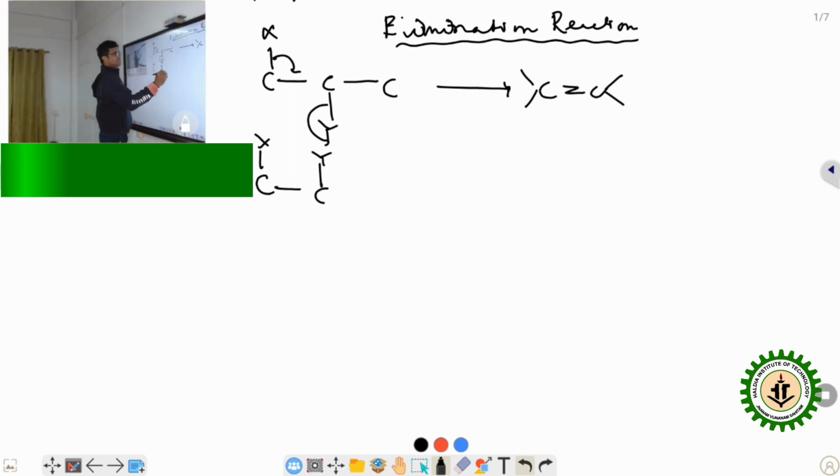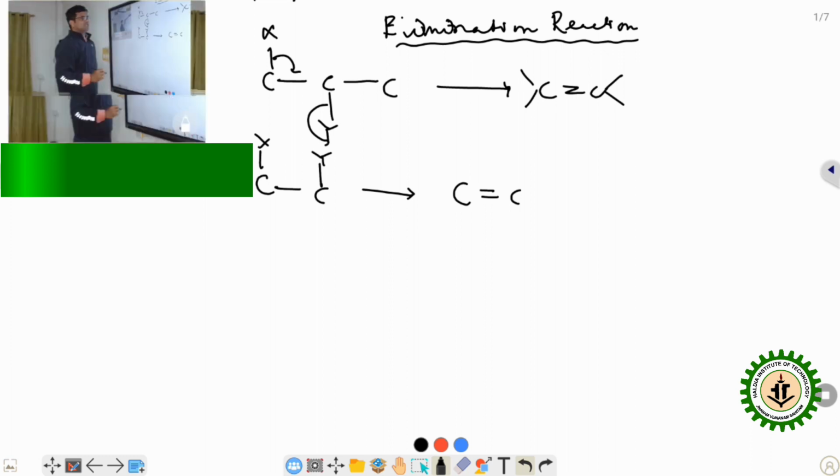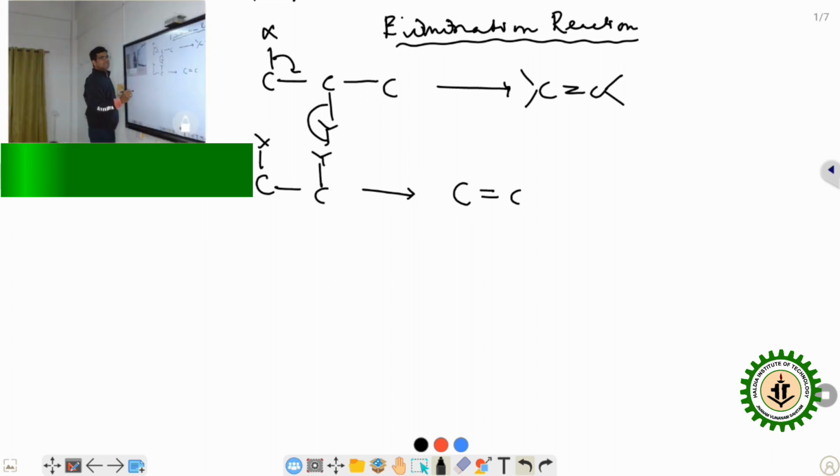So depending on the nature of the substrate and the base used, we can write the product. So this is alkene. Now this elimination reaction can be of mainly two types.